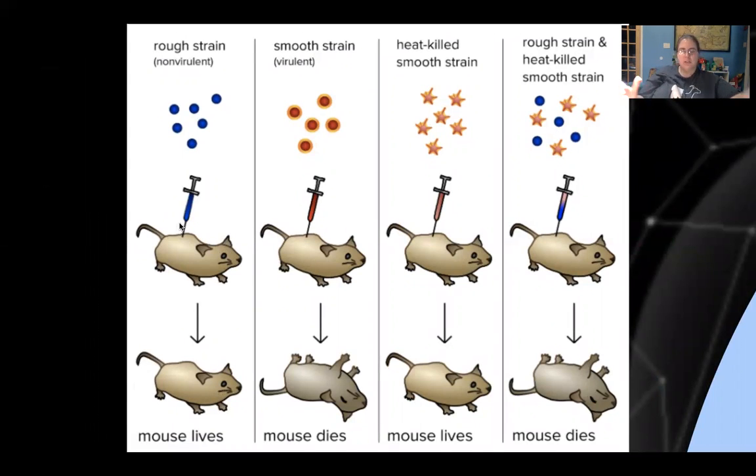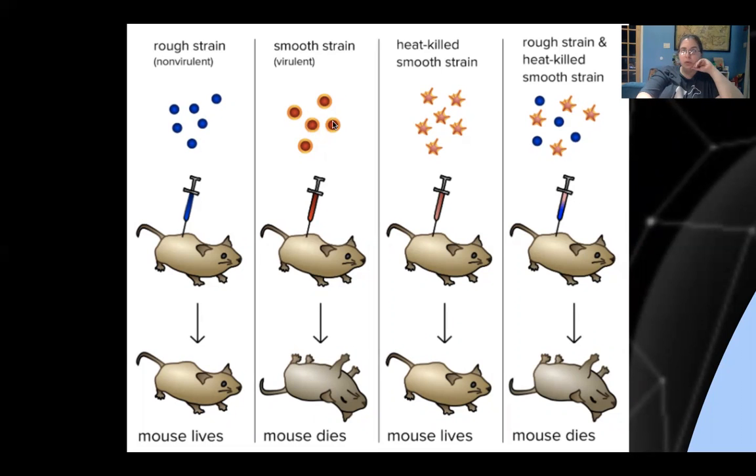He took a rough and a smooth strain of what I believe was similar to pneumonia, a pneumococcal bacteria. First he took the rough strain, and when he injected it into the mice, they survived, so it was non-virulent. The smooth strain, though, when he injected it into the mouse, the mouse got very sick and died, so it was a virulent strain.